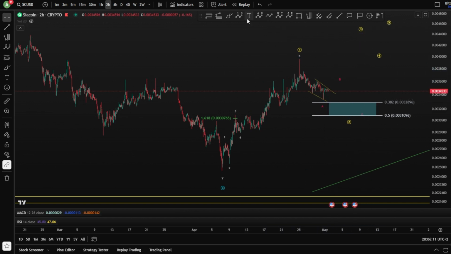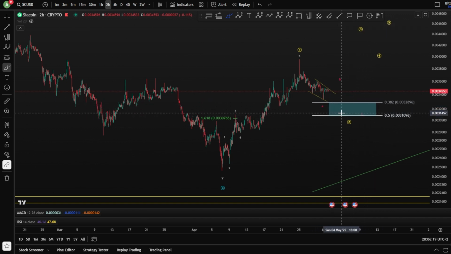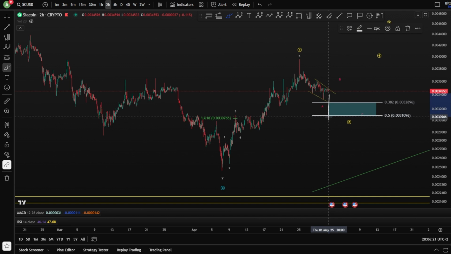And the time requirement for this correction starts inside this blue zone exactly. The middle is perfection, and the first side is the minimum requirement time, which we have passed right now.